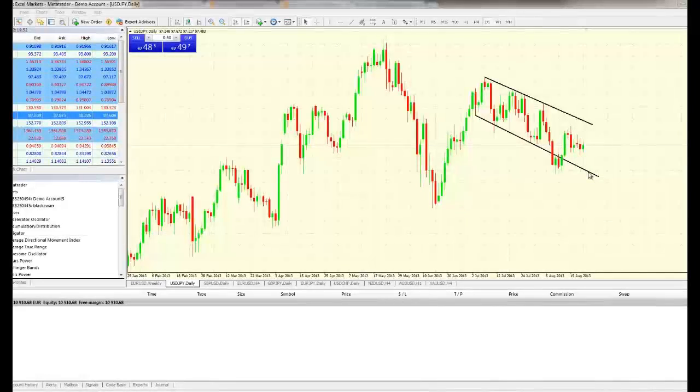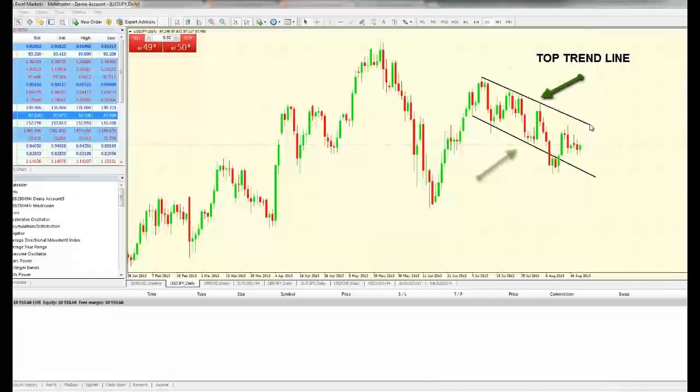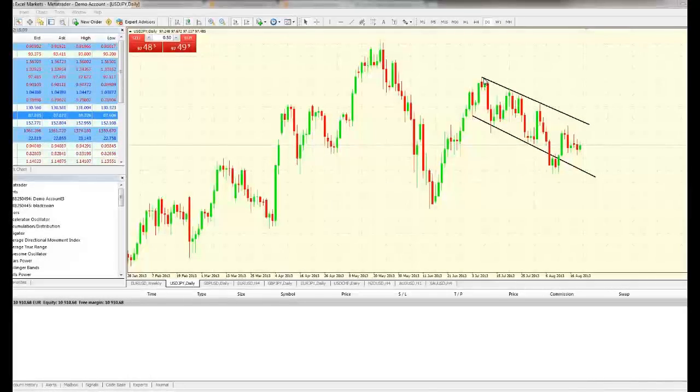Getting back to our dollar-yen chart over the daily time frame, we see over here that this is the top trend line while this is the bottom trend line. Both of them have negative slopes indicating a descending price move. Both these trend lines, that is the top trend line and the bottom trend line, run parallel to one another.